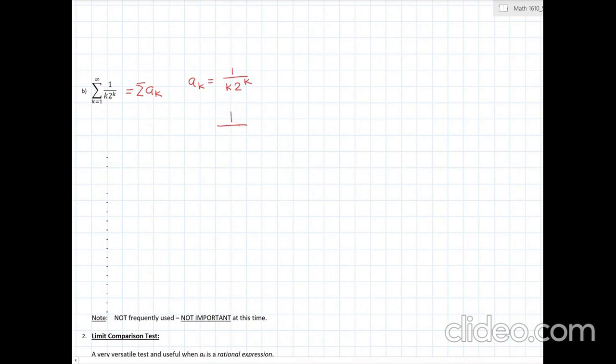So I want to find bounds on either side so that something useful can be concluded. So remember, if I go this side, it must be divergent. If I go on this side, it must be convergent.